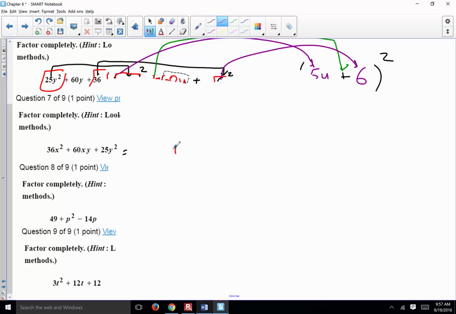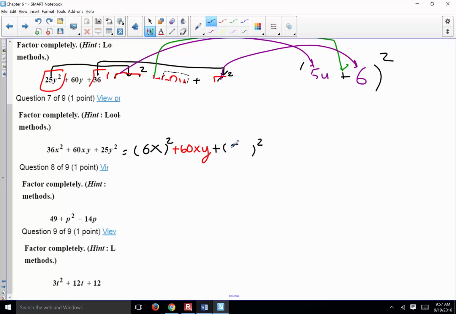Middle term, we don't touch the middle term. It waits. We prep the last and first terms first. How do I prep the first one? It's 6x. You take the square root of 36, and x squared is x. 25, turn it into some number squared.